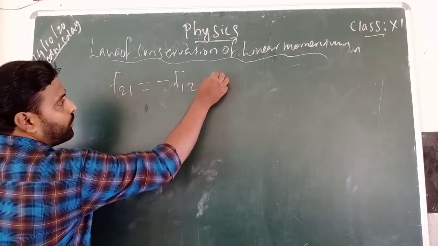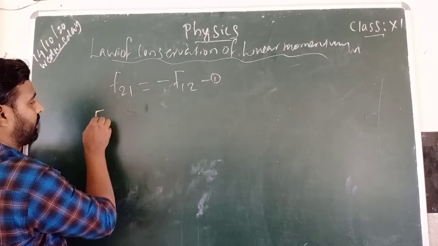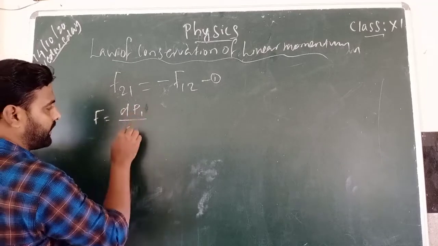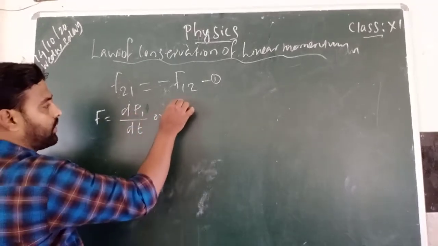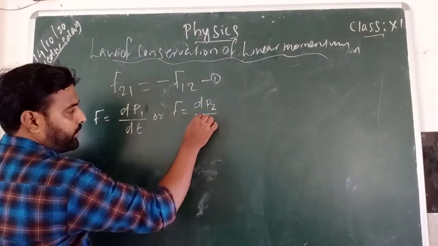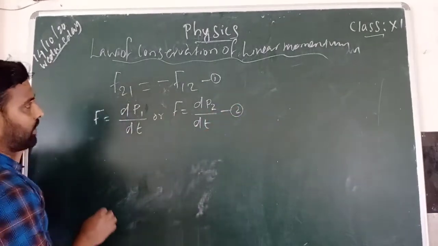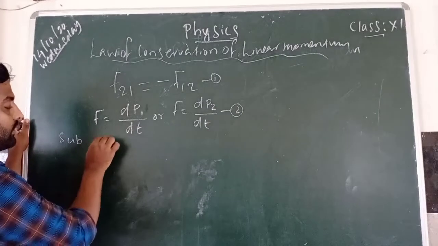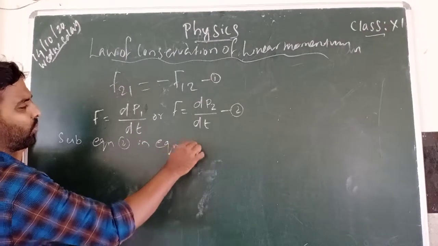Keep this as equation 1. Now F is equal to dP by dt. For particle 1, F is equal to dP1 by dt, and for particle 2, F is equal to dP2 by dt. This is equation 2. Now substitute equation 2 in equation 1.